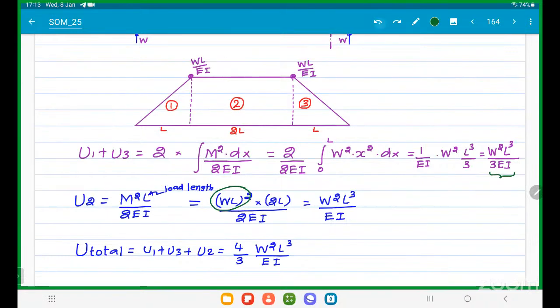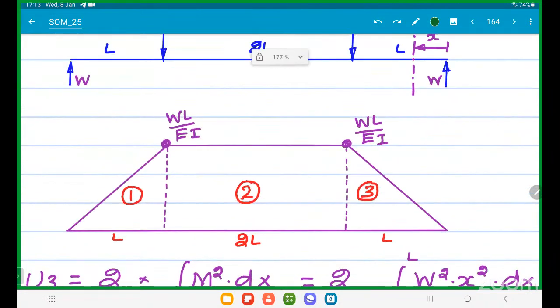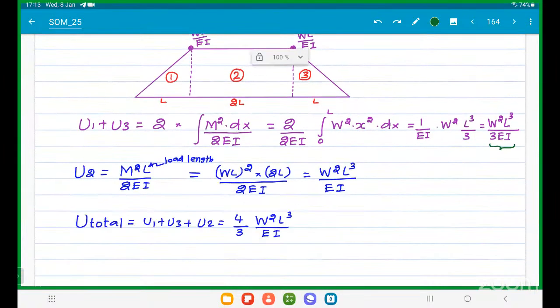What is the length for the second area? Tell me correctly. Sir, 2L. Okay. Don't forget this 2L. So M square, L is 2L, divided by 2EI. So finally, W square L cube by EI.